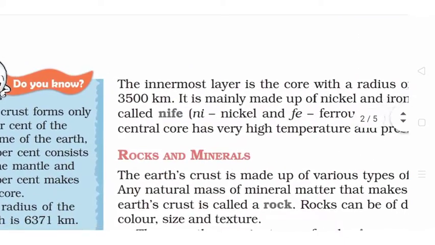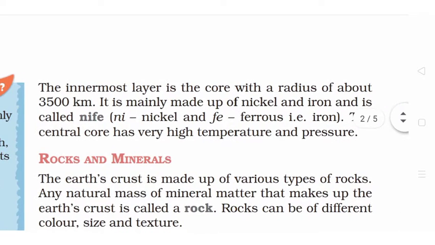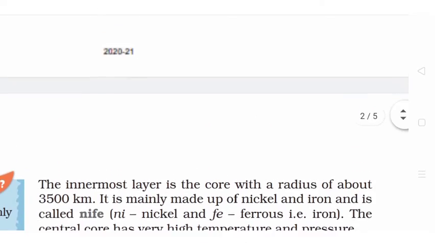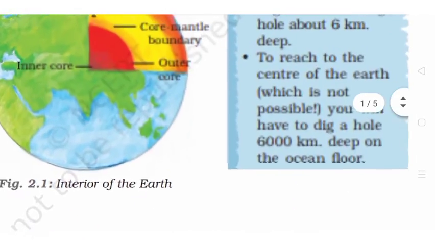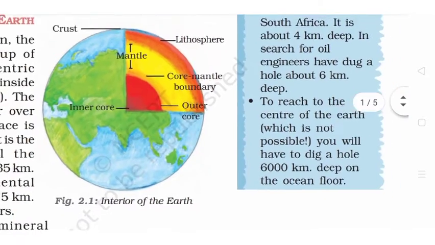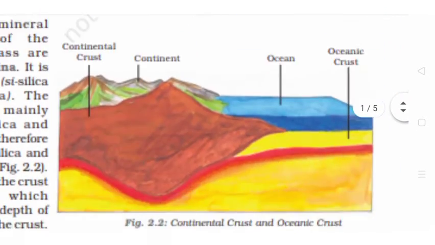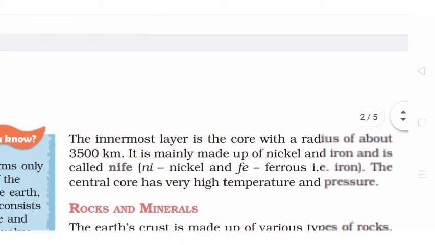Now the innermost layer is the core with a radius of about 3,500 kilometers. We can see in this diagram the innermost layer is the core, and it is about 3,500 kilometers. It is mainly made up of nickel and iron and is called Nife.